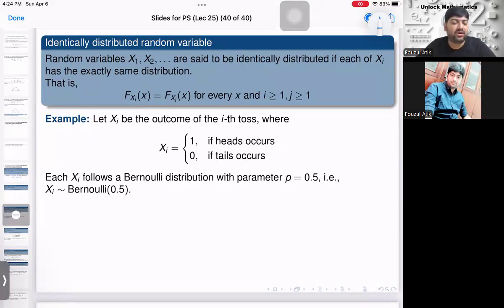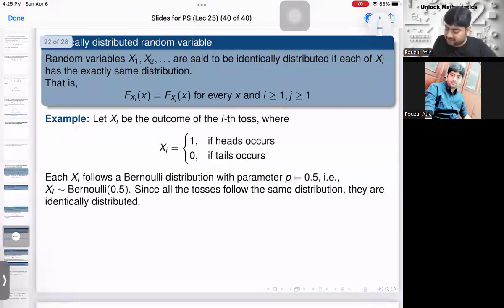Similarly, Xn is equal to 1 if the nth toss is head, and equal to 0 if the nth toss is tail. And therefore, we can see that Xi follows a Bernoulli distribution with parameter p equal to half, right? And since all the tosses follow the same distribution, they are identically distributed, because all the X1, X2, ..., Xn follow the same distribution.